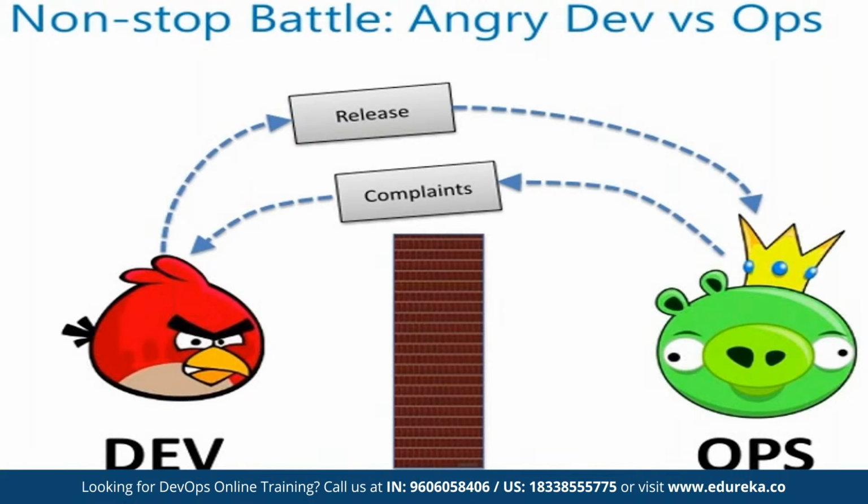You know everything about development, but when it comes to production or deployment side, you don't know, because you are a developer. The other guy from operations knows everything about deployment. He knows how the servers are running, but he doesn't know anything about the development. And there is where this wall of confusion comes into picture.